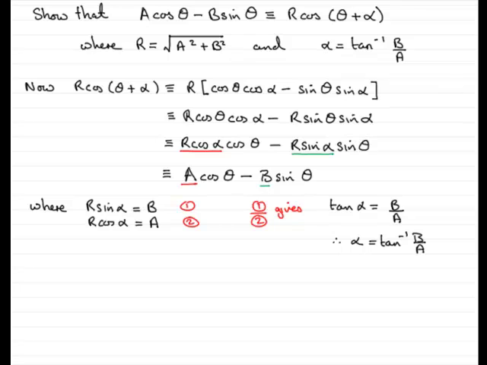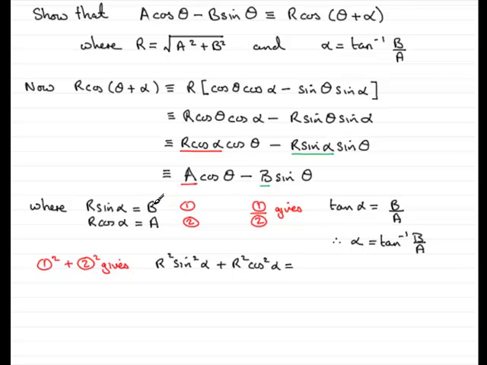Now to get r, what we tend to do is square both of these equations and add them together. So if I do equation 1 squared plus equation 2 squared, if I square the first one, we have r squared sine squared alpha equals b squared. Adding 2 squared, that's r squared cos squared alpha equals a squared.